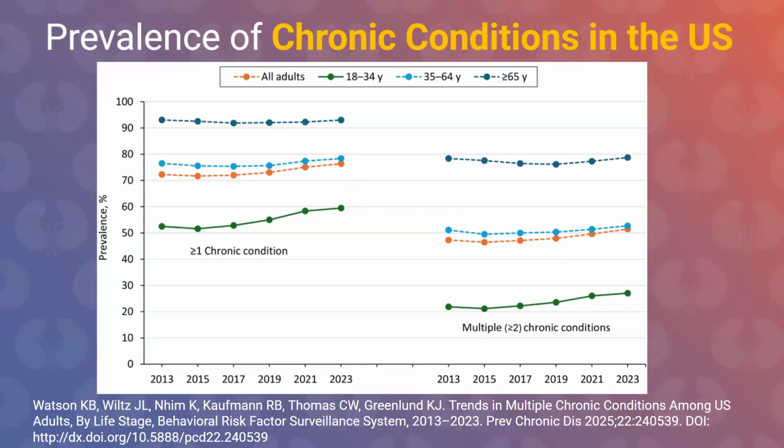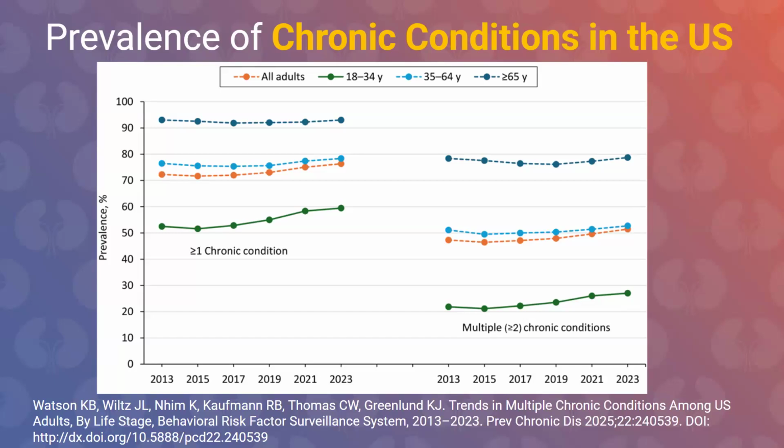But even among the younger people between 18 and 34, over half, in fact 60%, have at least one chronic condition in 2023. And it's been rising among the young. This is a pertinent finding, because for the other age groups there's not much change. Overall there's some change, but most of that is attributable to the youngest age group, 18 to 34 years. So things are starting earlier.